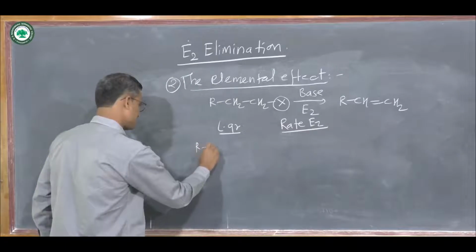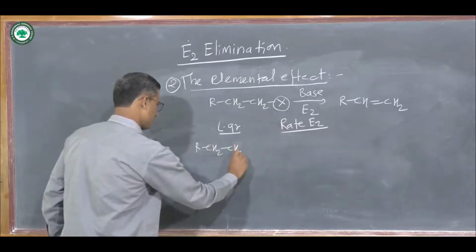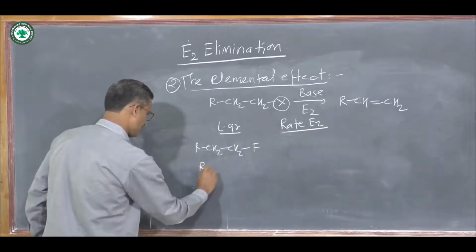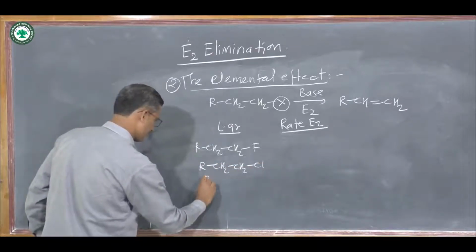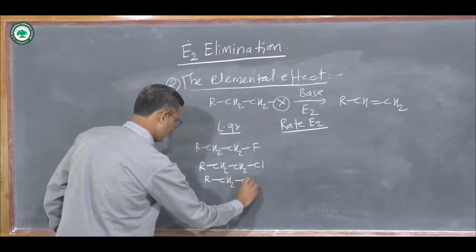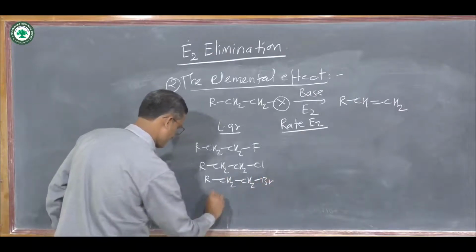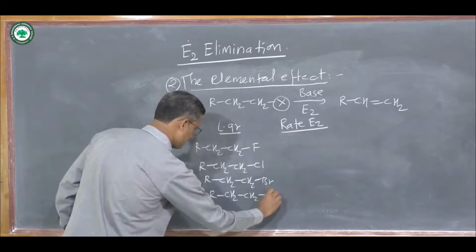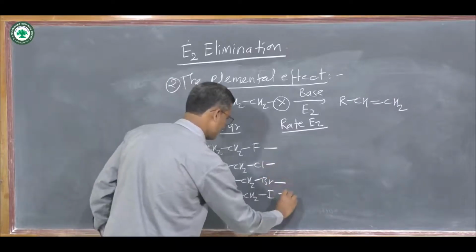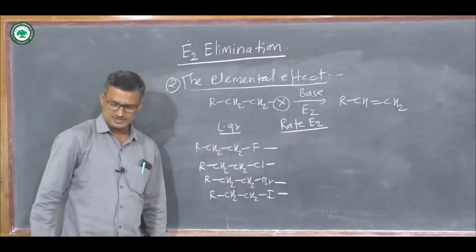So we take the first one, fluorine, then chlorine, then bromine, and lastly iodine, and we see what is the rate of E2 elimination.